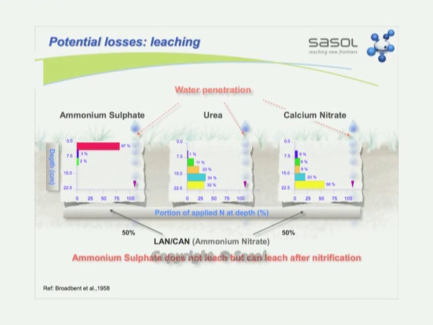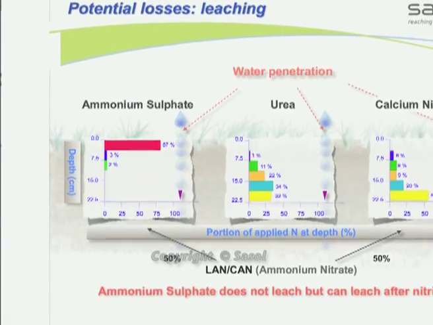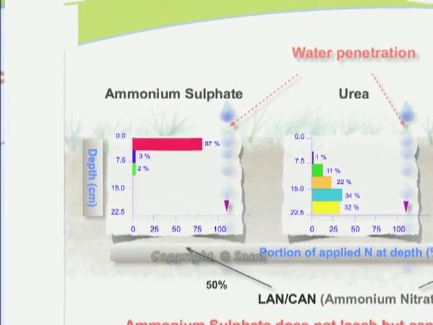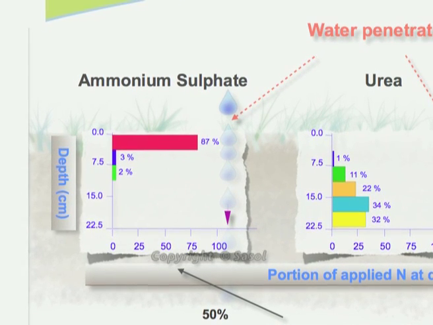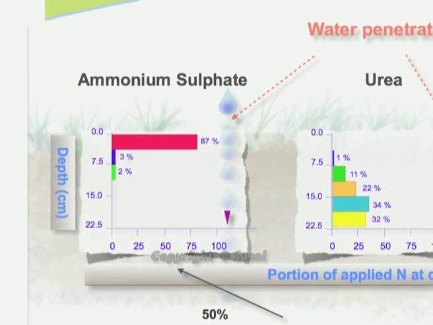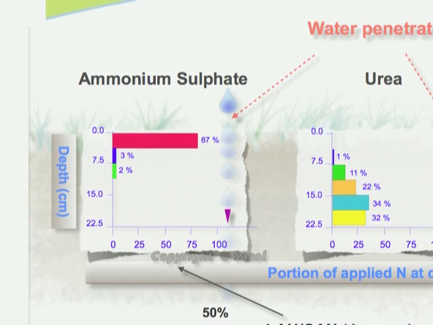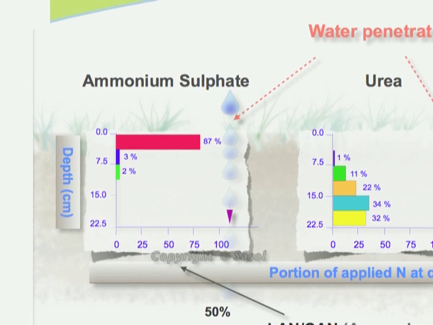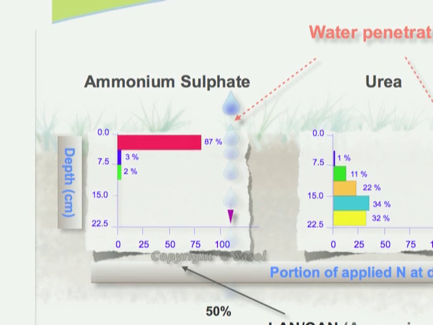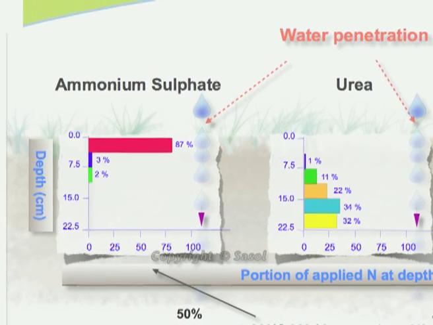In this slide, we are showing potential losses of different nitrogen sources. Firstly, ammonium sulphate. When applied on the surface of the soil at the zeros there, it will remain in that top 5 centimeters of the soil when water is added to the soil and when the water penetrates the soil to a depth of 22.5 centimeters.